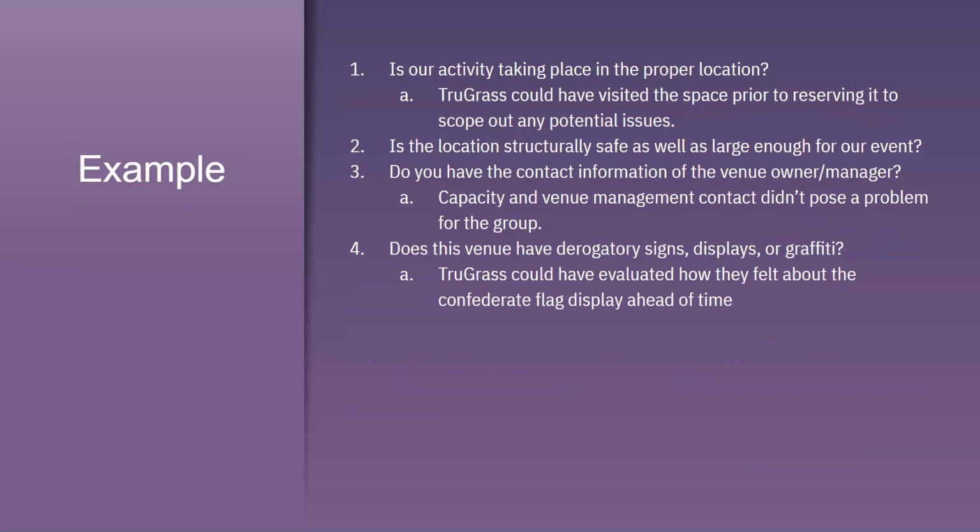Do they have the contact information of the venue owner or manager? Capacity was not a problem in this situation and they had the contact of the venue owner. Does this venue have derogatory signs, displays, or graffiti? True Grass could have evaluated how they felt about the Confederate flag display ahead of time of the event occurring.